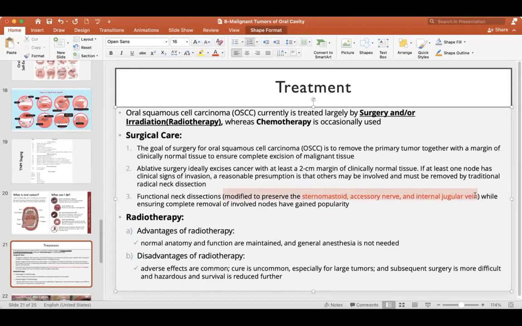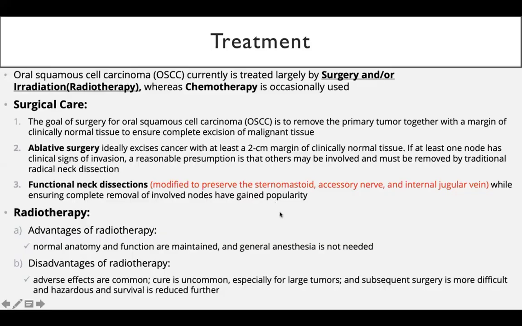When these are preserved, this is known as functional neck dissection, right? This has gained popularity, and has become a famous procedure for OSCC, the oral squamous cell carcinoma of the oral cavity.